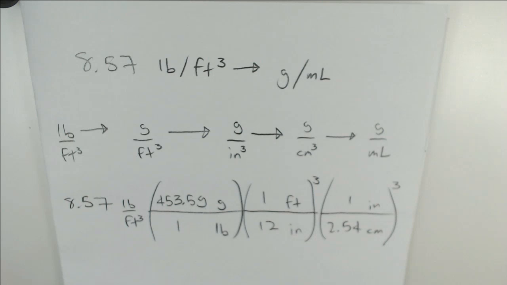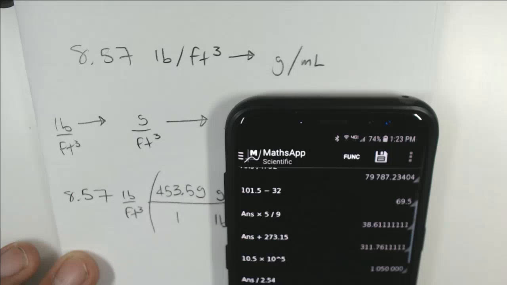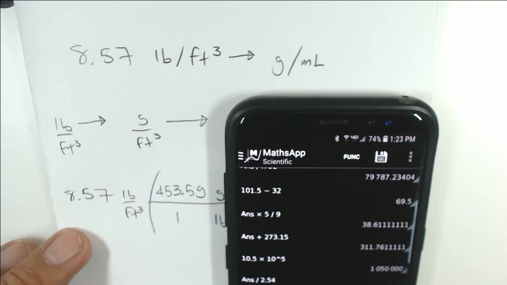All right, so breaking out the trusty calculator. We have 8.57 multiplied by 453.59.